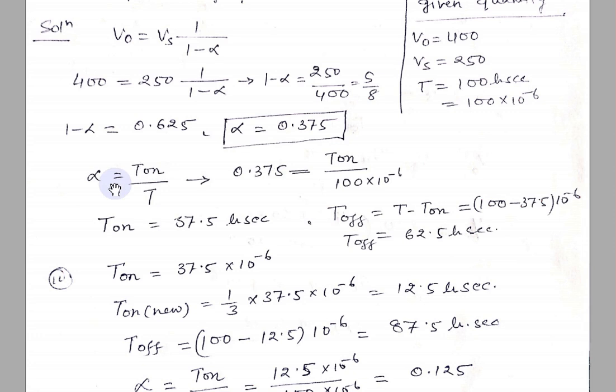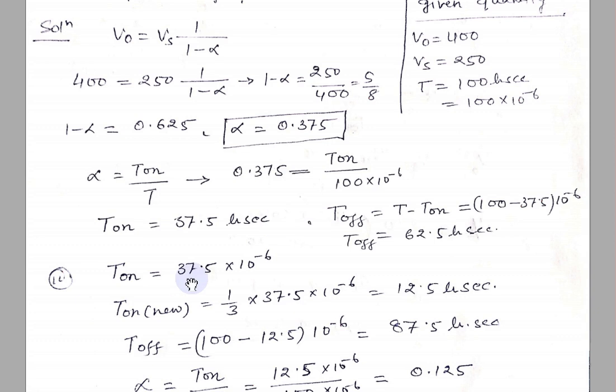We know that alpha is equal to T on by T, and T is given, so we calculate T on. T on is equal to 37.5 microseconds and T off is equal to 62.5 microseconds. So our T is justified: total time 100 microseconds, T off is 62.5 microseconds and T on is 37.5 microseconds.